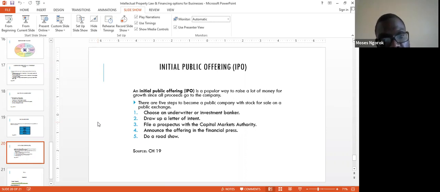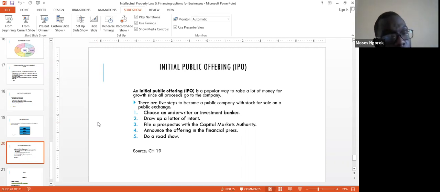So the next thing is you draw up a letter, attach the prospectus, and submit it to the Capital Markets Authority, because the Capital Markets Authority would want to see that you're telling the truth, that you're not lying. It would like to vet your directors, the people that run the company, to make sure that you do not defraud.